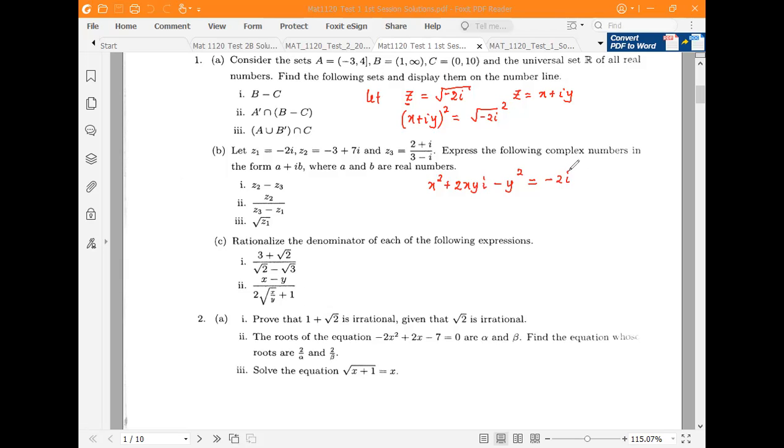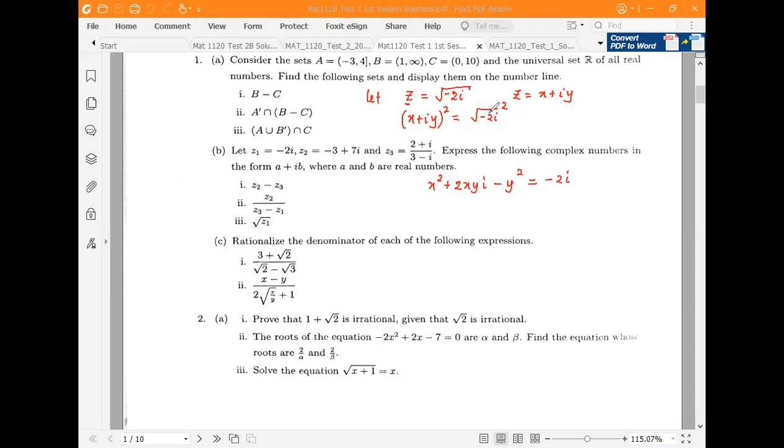So the x squared plus 2xyi minus y squared comes from the expansion of x plus iy.